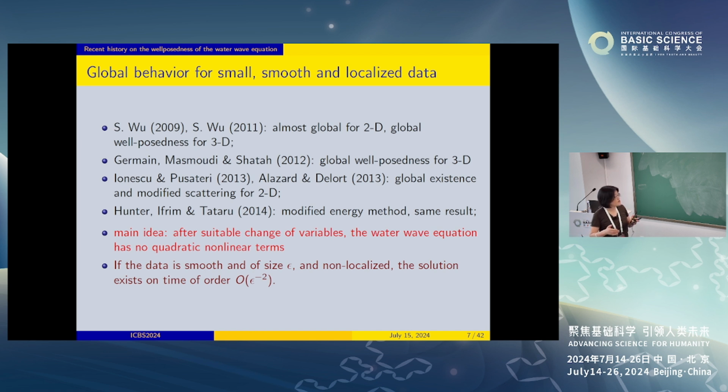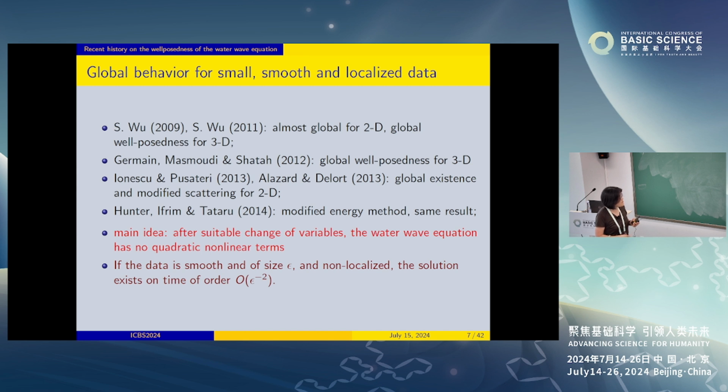Together with the dispersive property, if the data decays fast enough at spatial infinity, you can also use the vector field method to get decay of the linear solution in time. Combining these two, the crucial thing is localized data. With the dispersive property, you can solve for almost global or global.